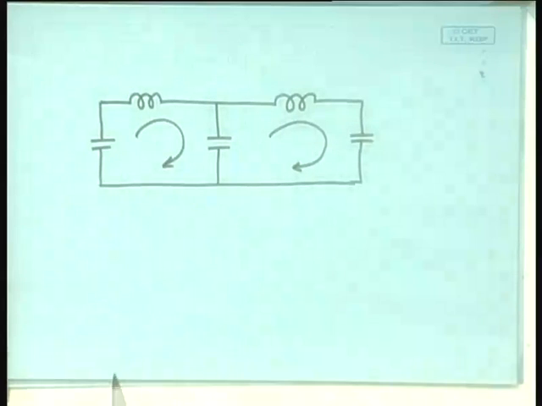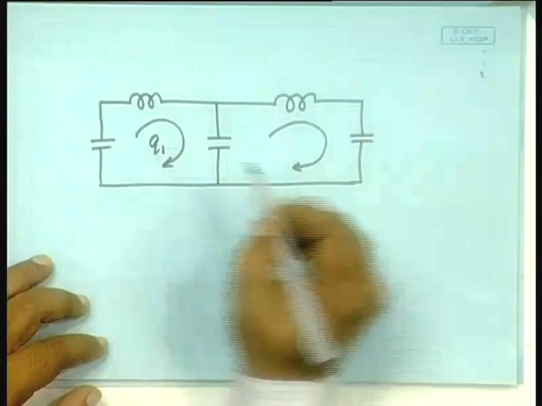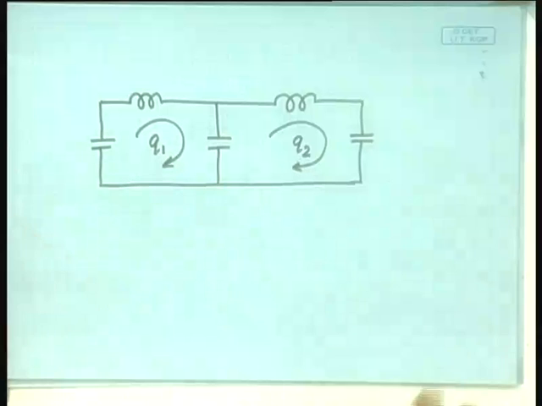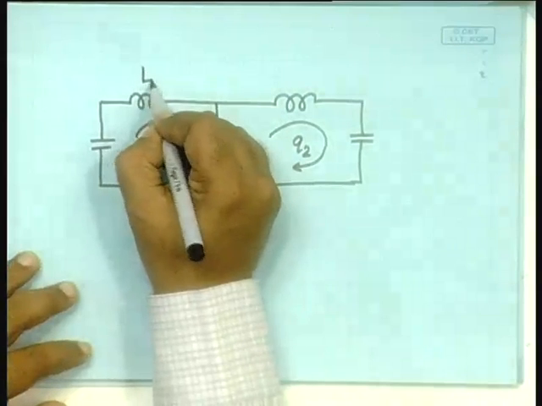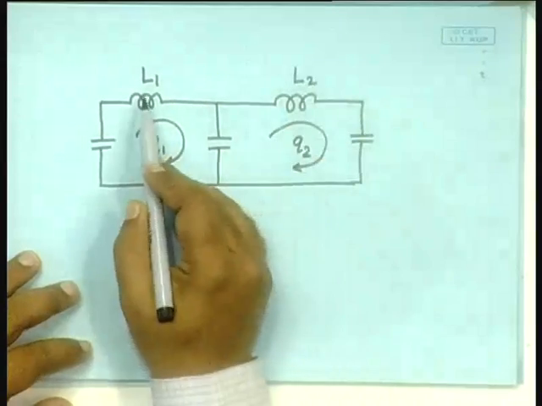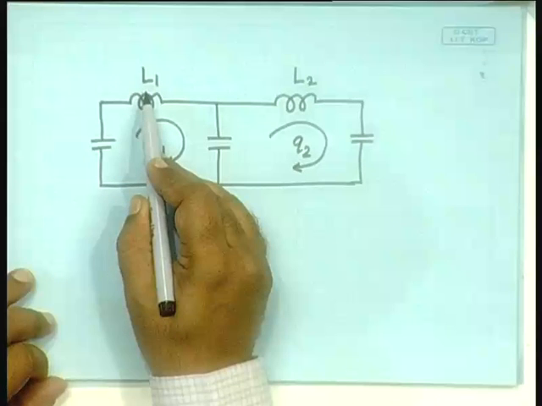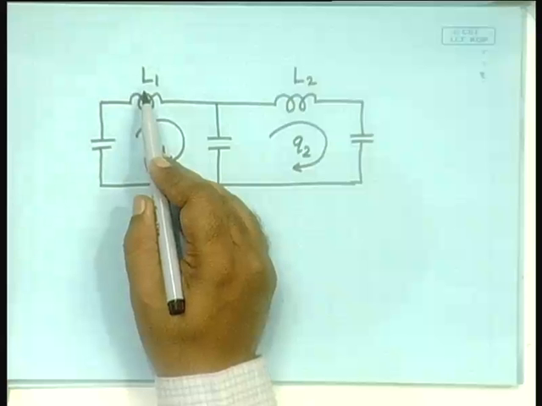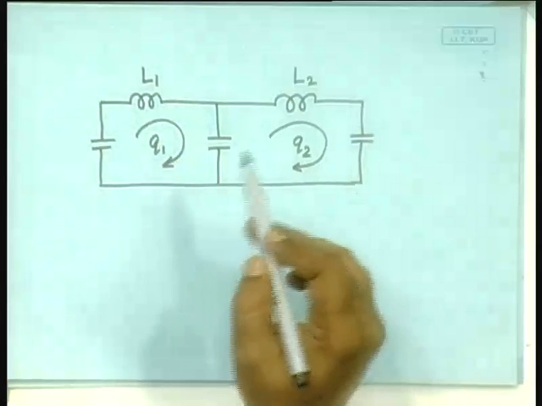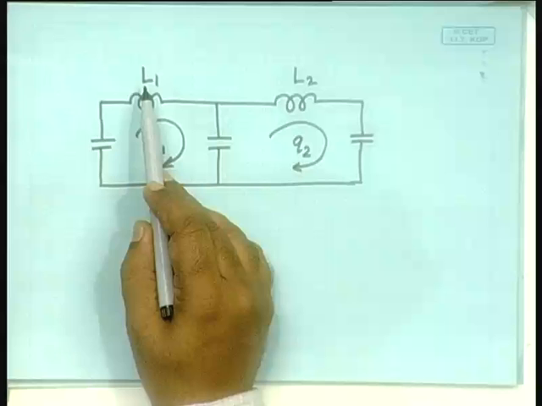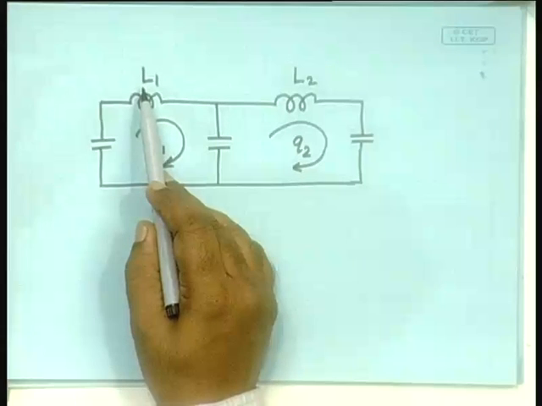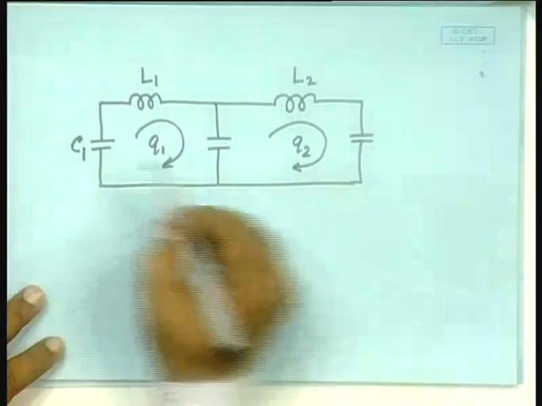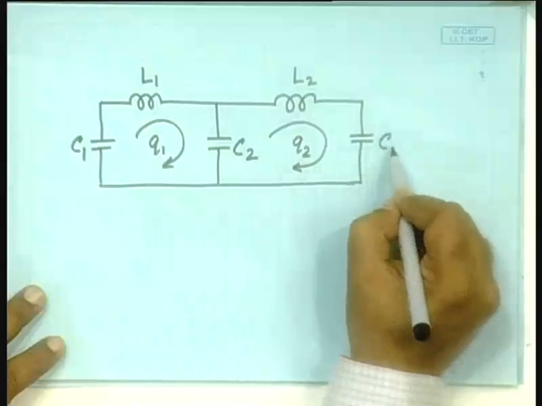That is what actually matters for us. So, let us say Q1 is here, Q2 is here, simple. Say this is L1, this is L2. This is exactly why we did not write the Lagrangian as L as written in many of the physics textbooks. We wrote it with a script L because we wanted to distinguish from the inductance, so that students do not get mixed up. C1, C2, C3.